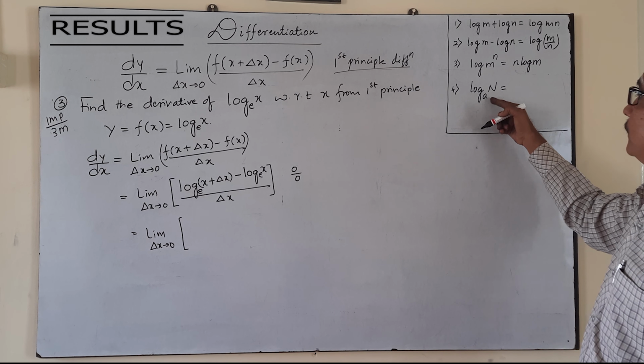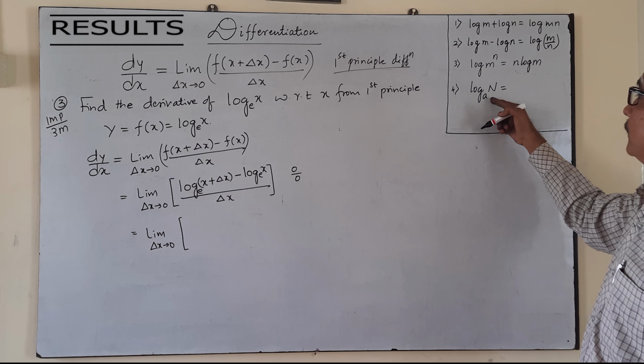Now the given expression, log of 1 plus delta x by x divided by delta x, can be written like this: equal to 1 by x into x by delta x into log of 1 plus delta x by x to the base e.